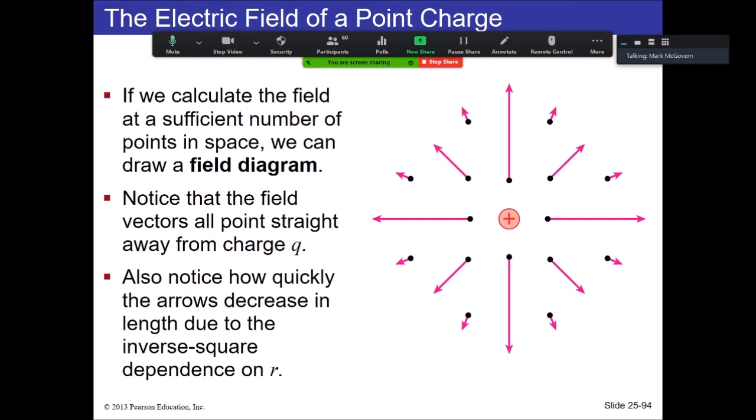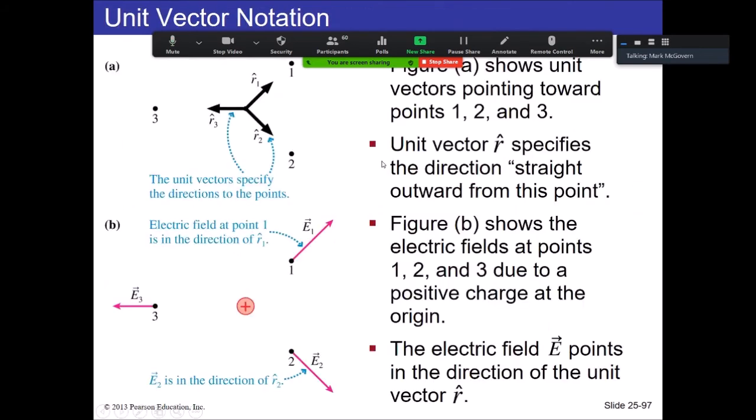It's radially away, and you'll get a sense of how long that vector is. It'd be somewhere in between the two that I pointed out here. So it's a nice way to depict how the field's going to look when you look around the point charge.